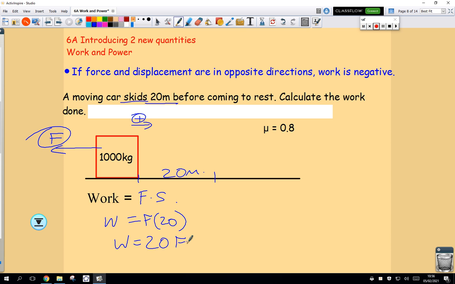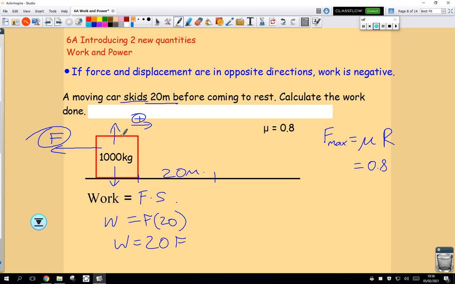How do we calculate friction? The maximum value for friction is mu times the normal reaction. Here the value for mu, the coefficient of friction, is 0.8, and hopefully you can see from the diagram the weight of this object is 1000 g, so the normal reaction is going to be 1000 g.